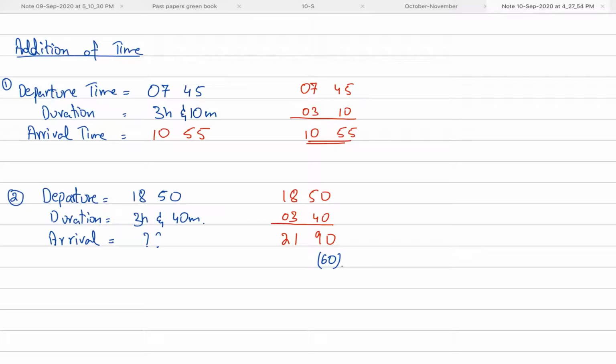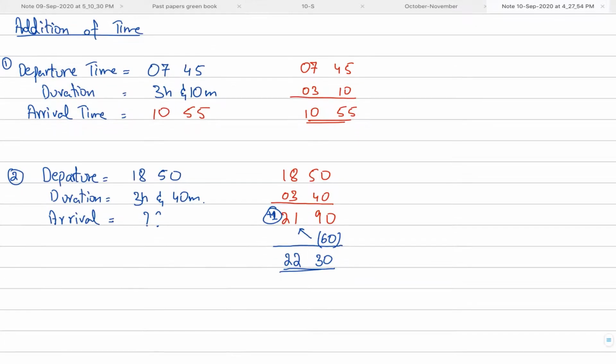So I'm going to subtract 60 from 90, but I'll compensate by increasing the number of hours by 1. What happens if I add 1 to 21? It becomes 22. And if I subtract 60 from 90, it becomes 30. So my arrival time is going to be 22:30.